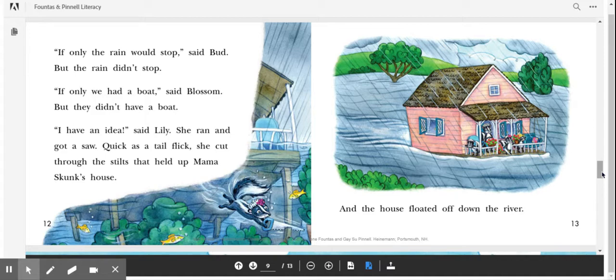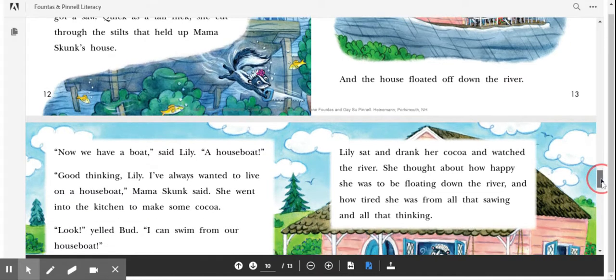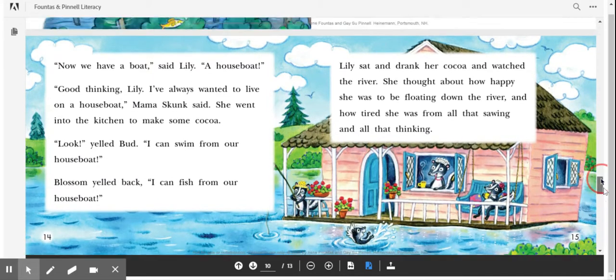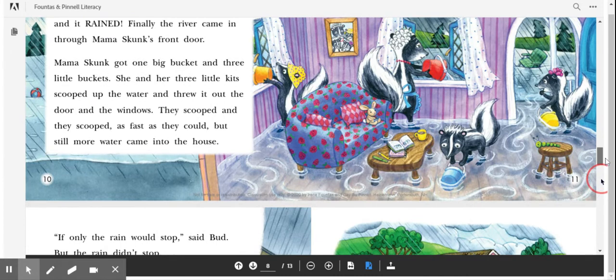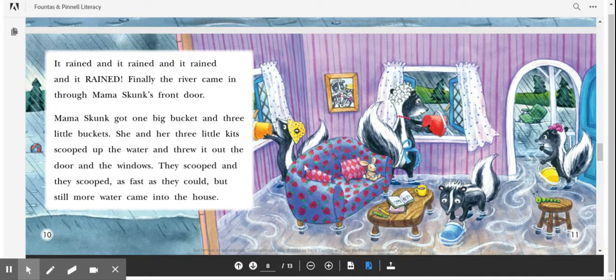So at a level K, you could also start to see some new vocabulary. You're not going to see a ton. You don't want to overwhelm a child with too much new vocabulary. But in this book, I think one of the words that would probably be new, I had mentioned stilts would certainly be one. But here it is.